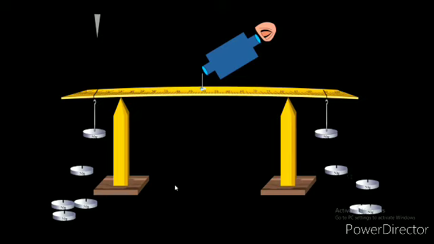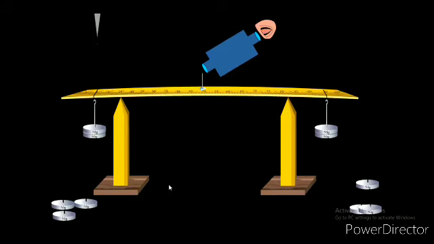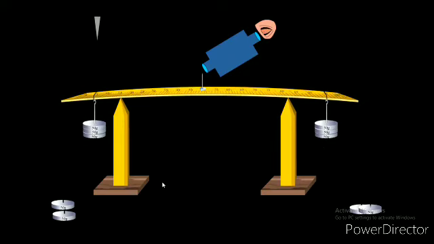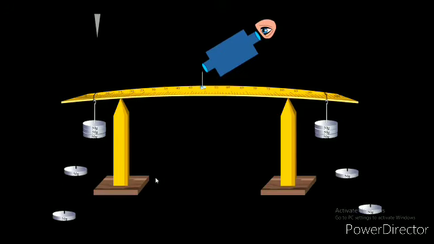Now, the weights are added on both sides simultaneously in steps of 50 grams. Each time, the tip of the pin is made to touch the horizontal cross wire, and the readings are noted from the vertical scale of the travelling microscope.